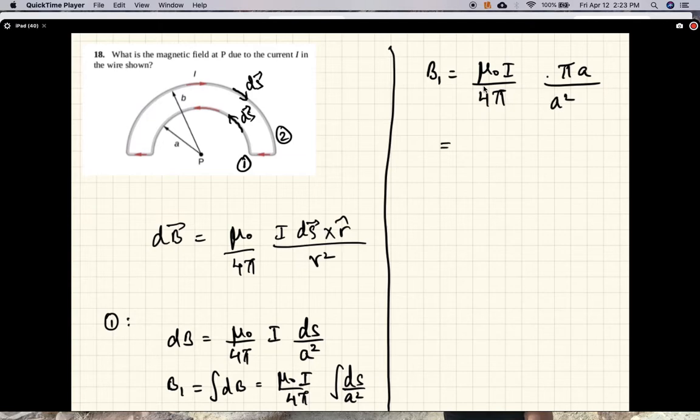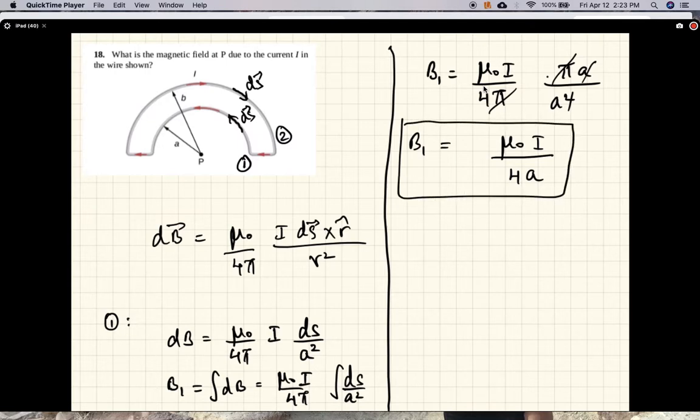So the pi cancels and one of the a's is cancelled, so B1 is mu naught I by 4a, and this is coming out of the paper sheet.